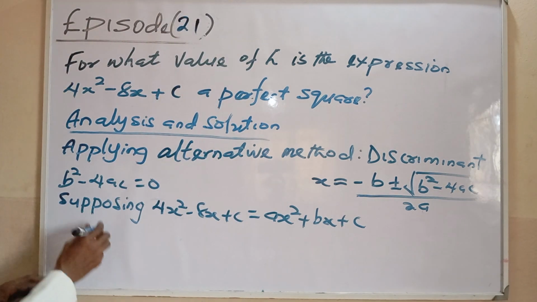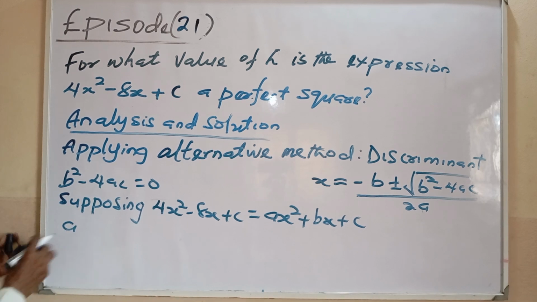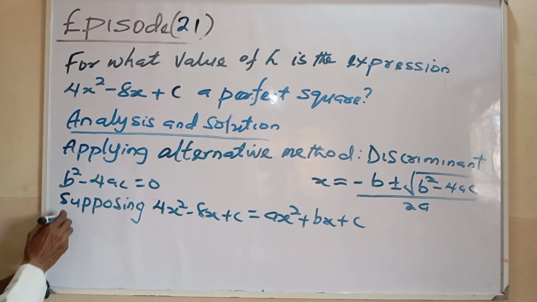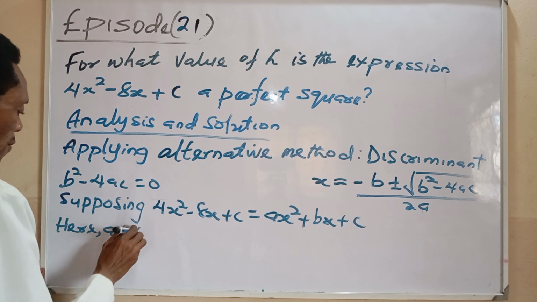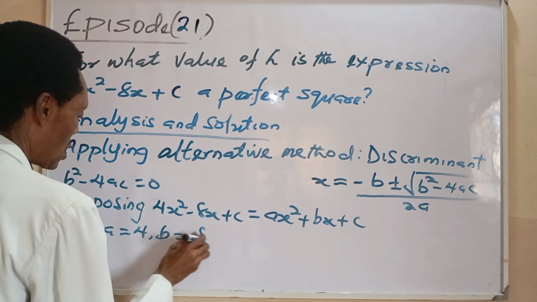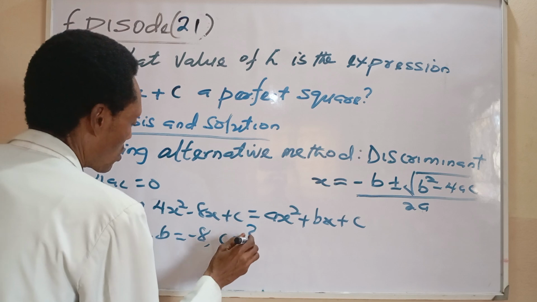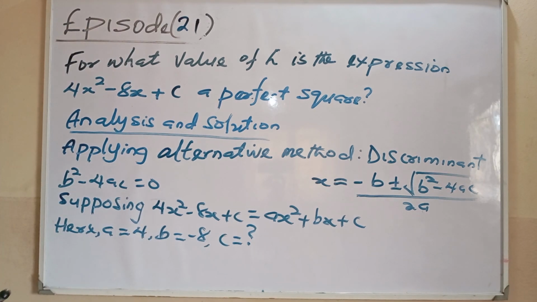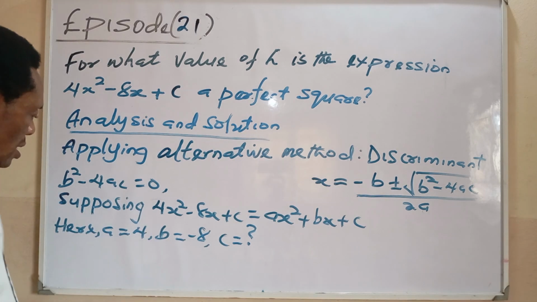So here now we discover that our a is 4, our b equals minus 8, and our c, we don't know c. That is what we are looking for now. You understand?